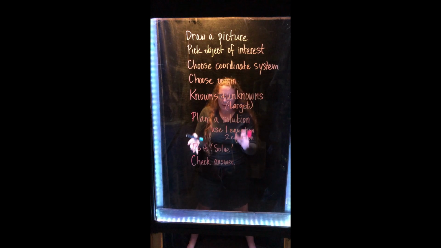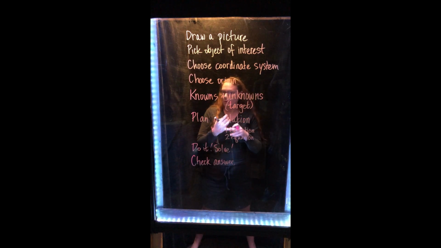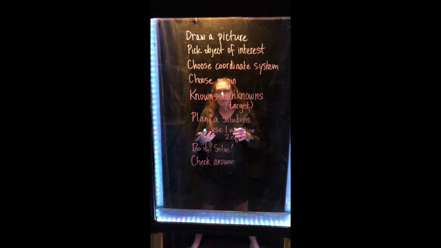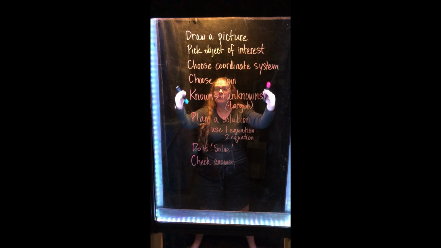So check your answer, check the units to make sure the units are the right thing for what you're solving for, your target, and check for reasonableness. In most cases, there's a reasonable range of answers, and you'll be able to say, no.